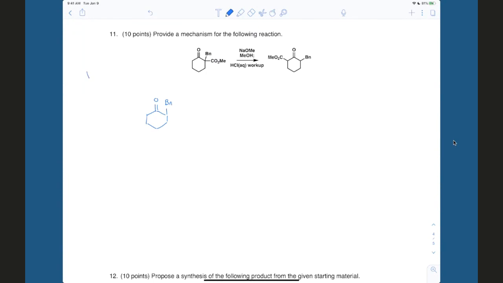Bn, just for reference, is this. This is just a generic group. This is a benzyl. The hydrogen can be removed to make an enolate. Sounds like a possibility. So this is one thing that we can have in solution.